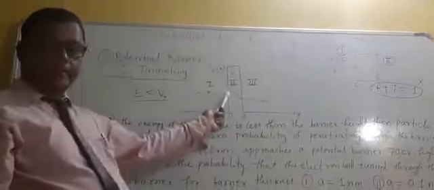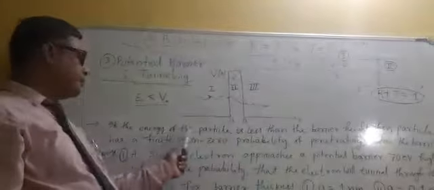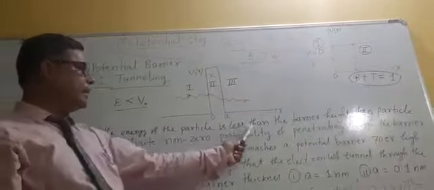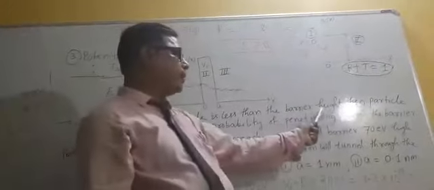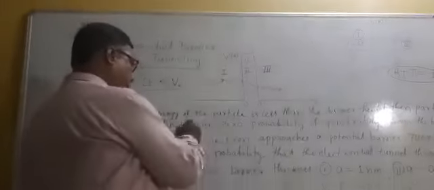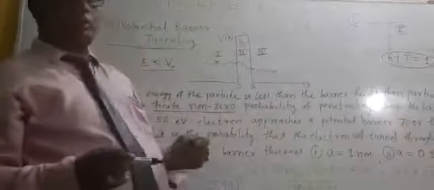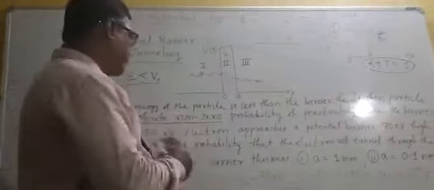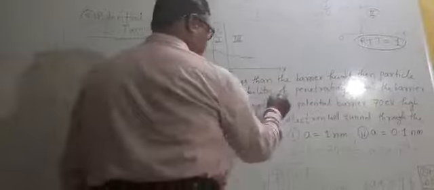If the energy of the particle, E, is less than the barrier height V naught, then the particle has a finite non-zero probability of penetrating through the barrier.